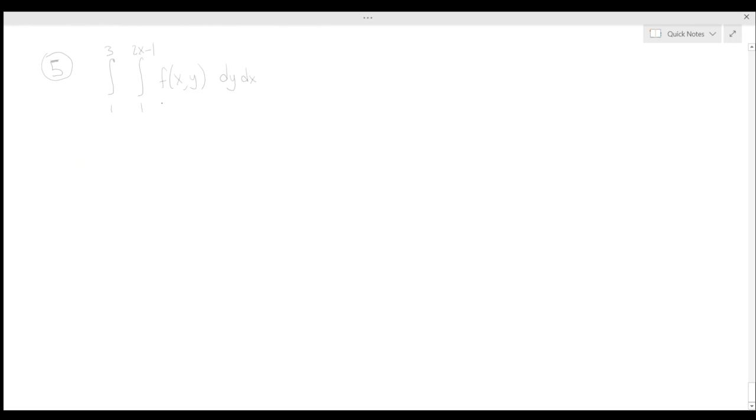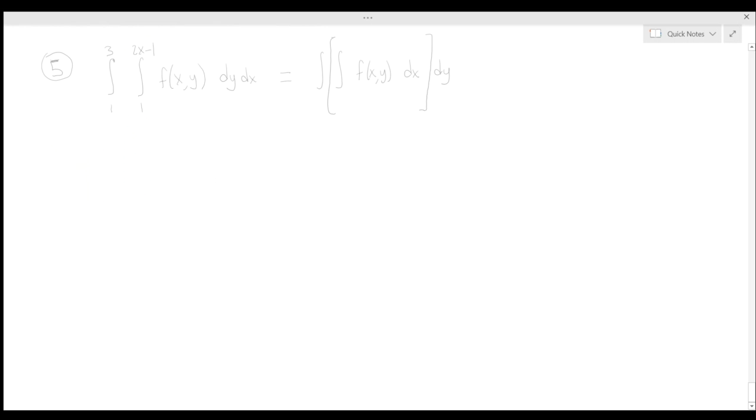Because you don't have an actual function here, you're just switching the order and you're not actually carrying out the integration afterwards. So the main purpose was just getting you to know how to switch the order of integration.